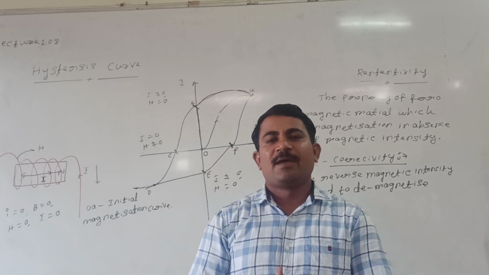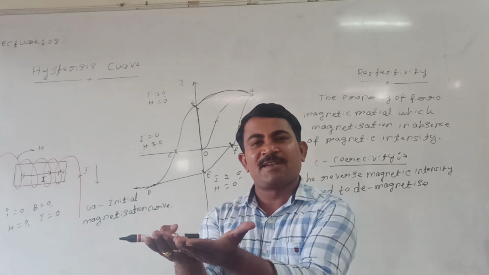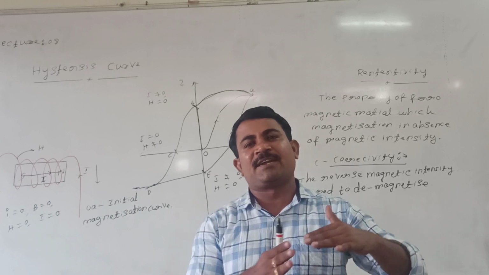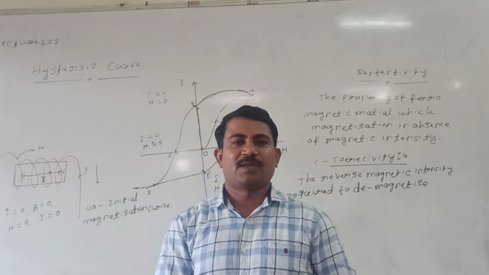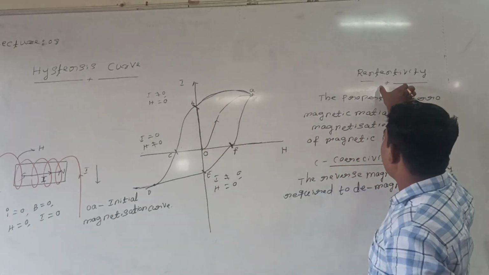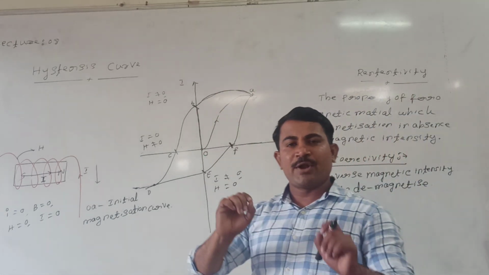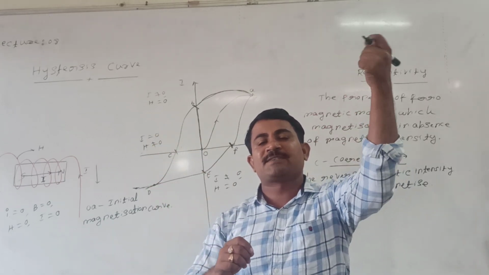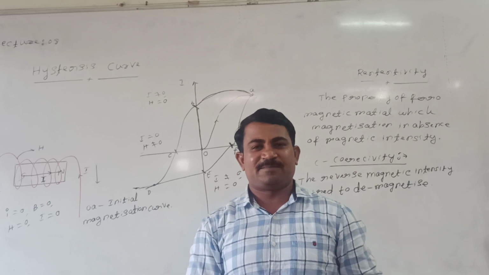When a ferromagnetic material is subjected to an external magnetic field, it gets magnetized and it gets demagnetized. At this point it gets magnetized, and that property we are calling retentivity. Even in the absence of an external magnetic field, magnetic field lines remain in the ferromagnetic material.